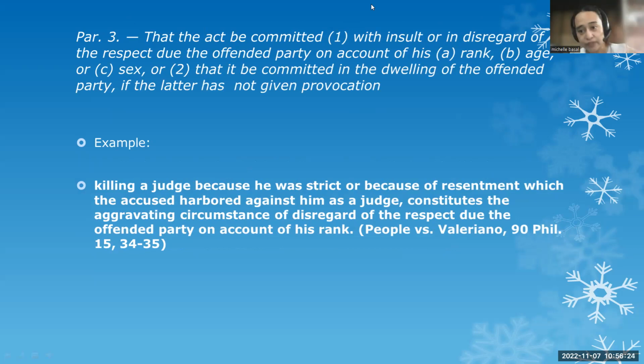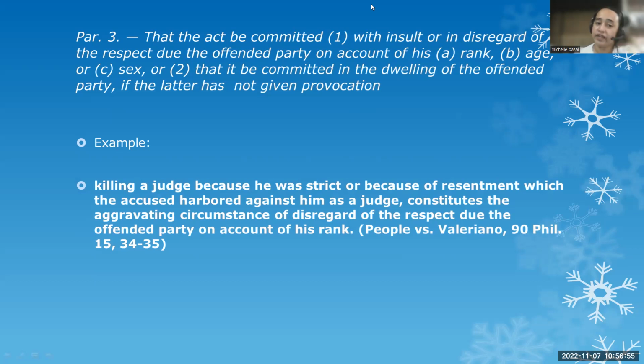And number two is that the crime committed is in the dwelling place of the victim. Okay, so it's an aggravating circumstance. So if it's committed inside the dwelling place of the offended party, then there's one aggravating circumstance of commission of a crime in a dwelling place.